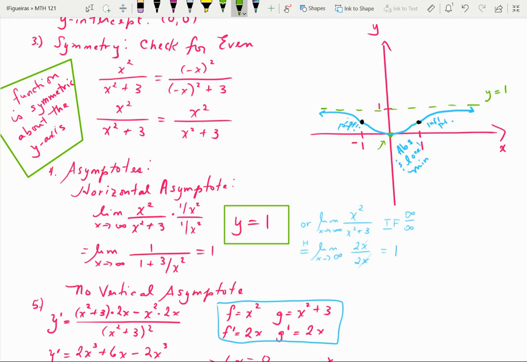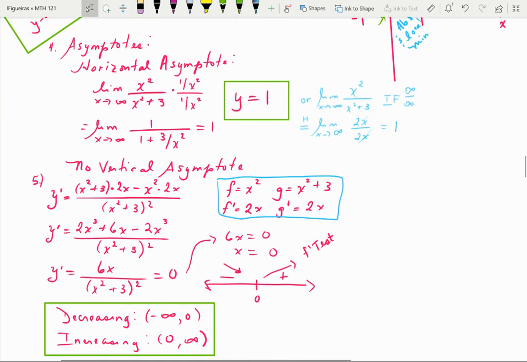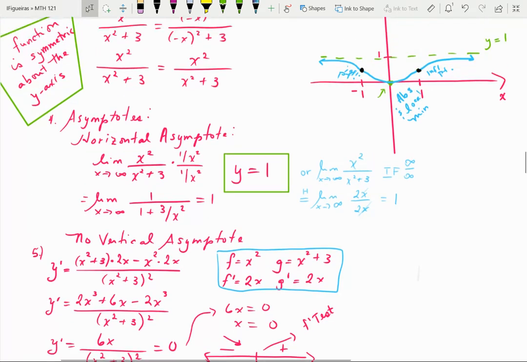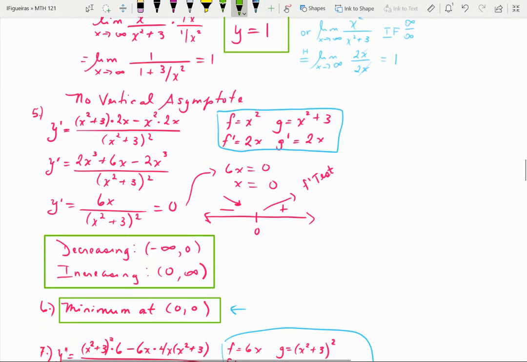All right, then we also found that the graph is decreasing from negative infinity to 0 and then increasing from 0 to infinity. So let's see if we see that. It's decreasing from negative infinity to 0, increasing from 0 to infinity. That's true. Now let's talk about concavity.